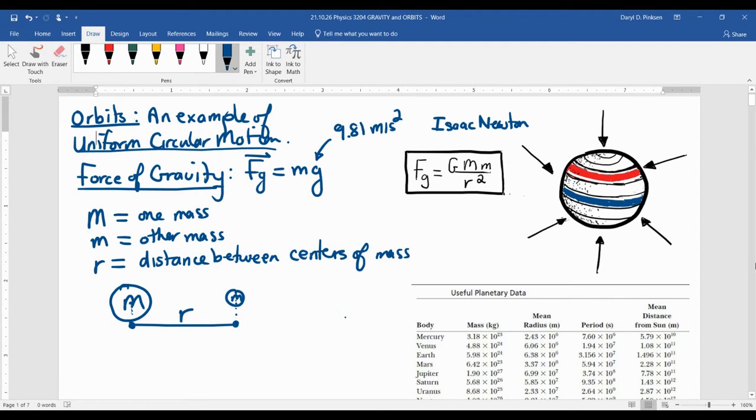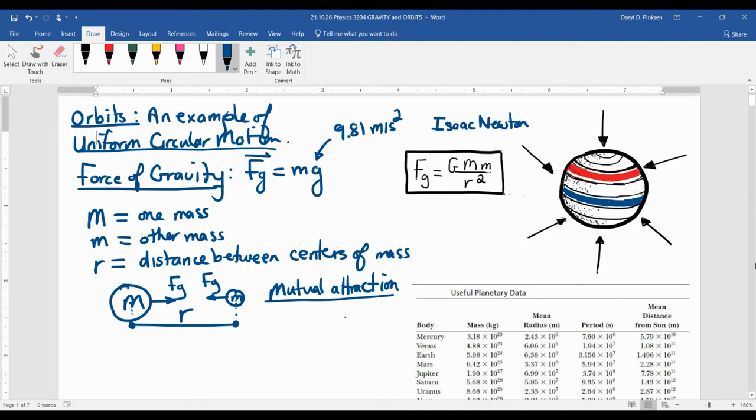So according to Newton, there is a gravitational attraction. It is mutual. So you're going to have a force this way, and there's going to be a force this way. So there is a mutual attraction between them. Just like if you have an object being whirled around on a string, the tension acts in both directions.